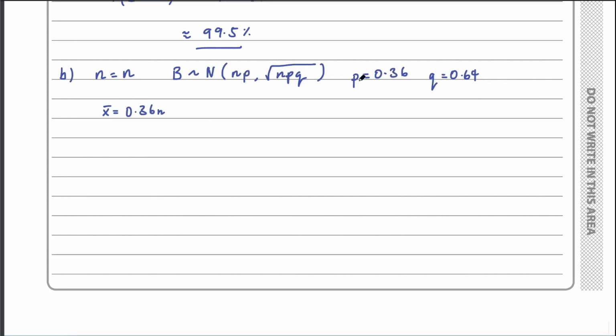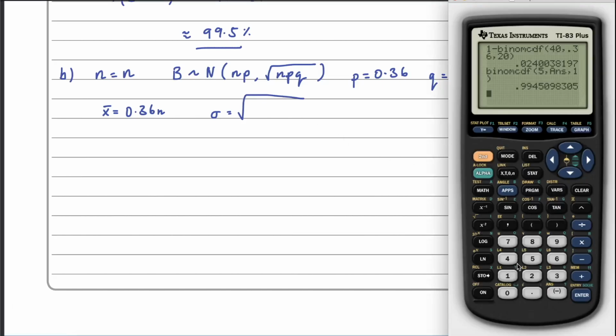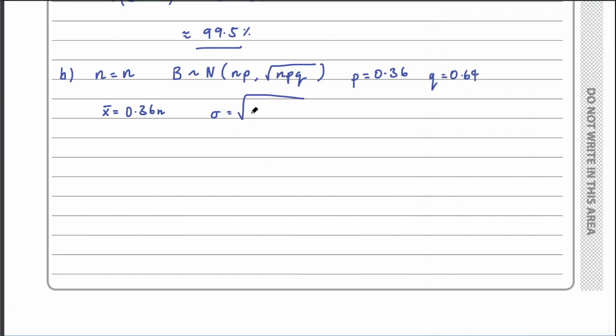And our standard deviation, let's write that as lowercase sigma, is going to be the square root of npq. Now, p times q, we can work that out first and simplify this a little bit. So 0.36 times 0.64 gives us 0.2304. So we could write the standard deviation as the square root of 0.2304n. All right, so that's slightly simplified for the sample mean and sample standard deviation.